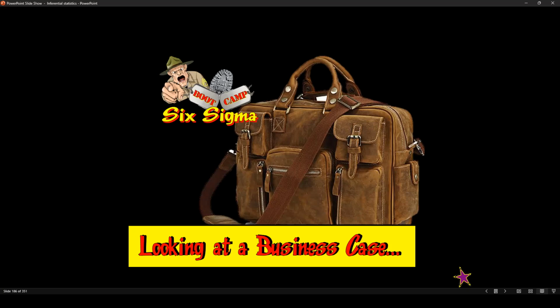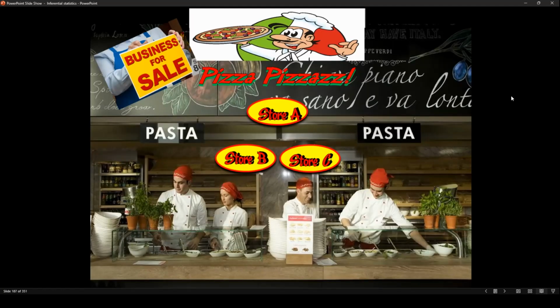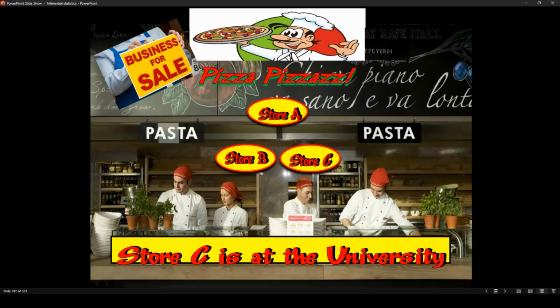So I want to discuss another business case with you guys that I think kind of helps us hit home with this, and understand it from an efficiency standpoint. If we look at these three stores, store A, store B, store C, with store C being at the university, these stores represent our competition, or these can be our stores in our environment, but we can benchmark it as well.